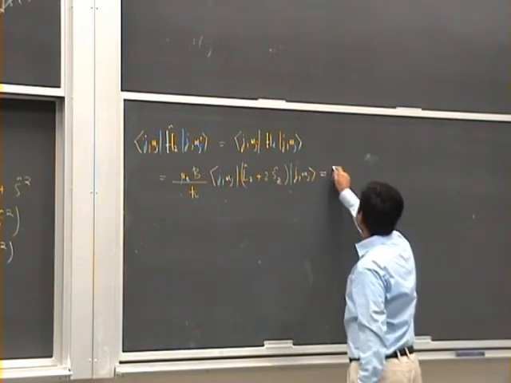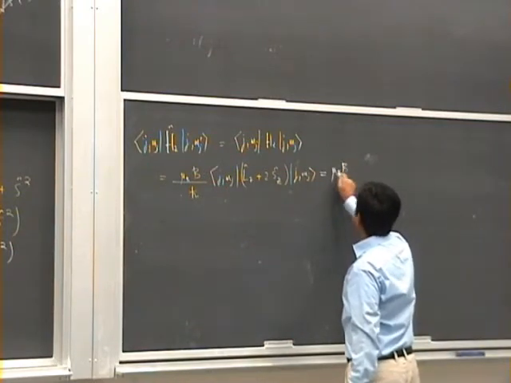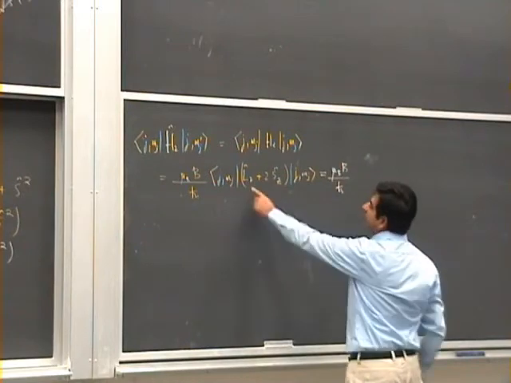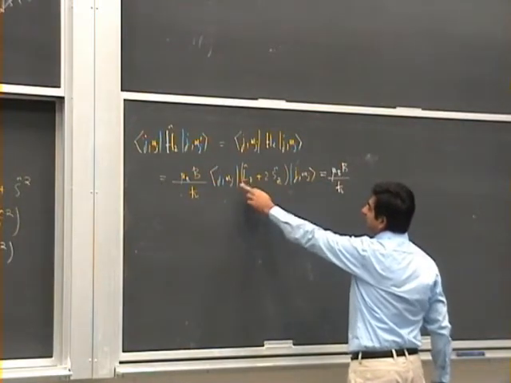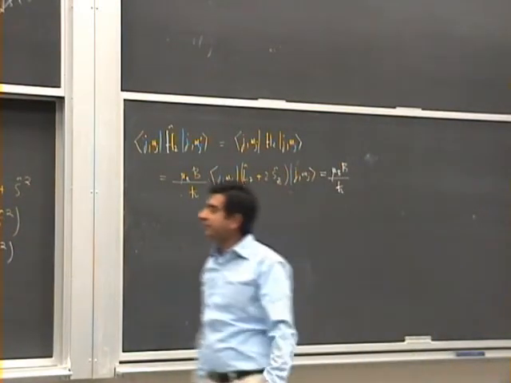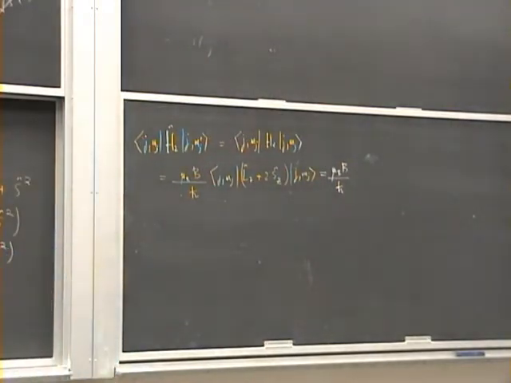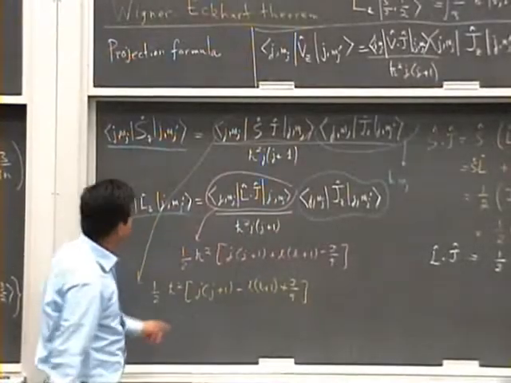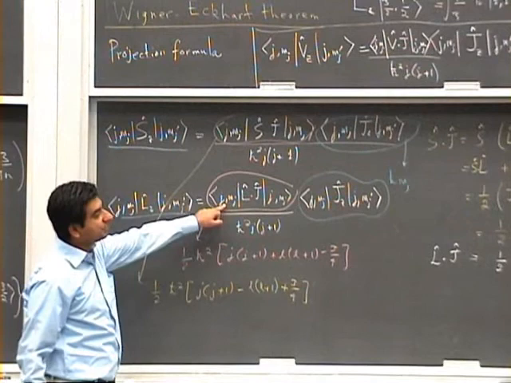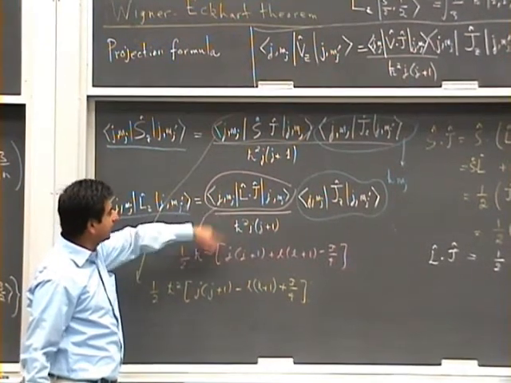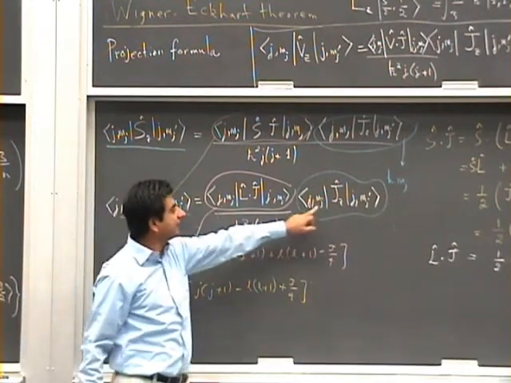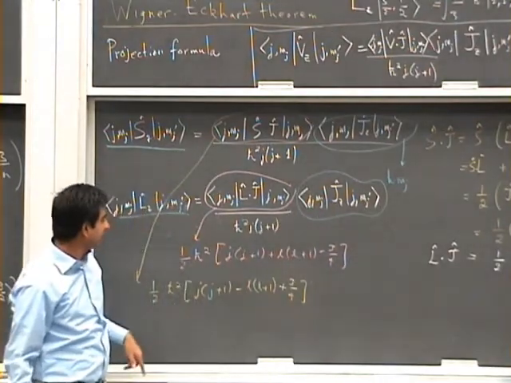Now I get μB over ħ. Let's look at the values of Lz. They are given by this. I have ħ squared at the top, so the ħ squared goes away. This gives me an ħ mj. Okay.